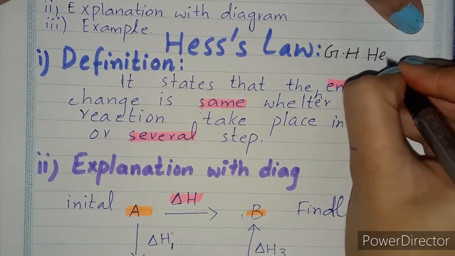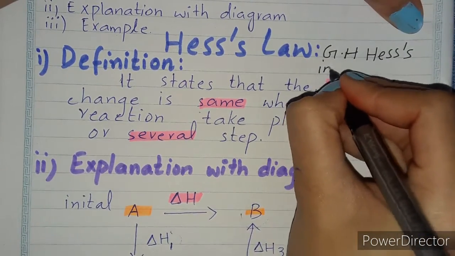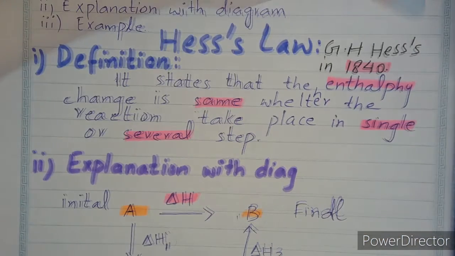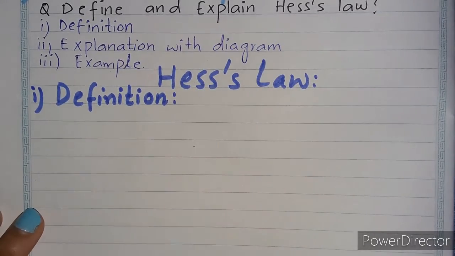G.H. Hess stated Hess Law in 1840. The first point is the definition of Hess Law.